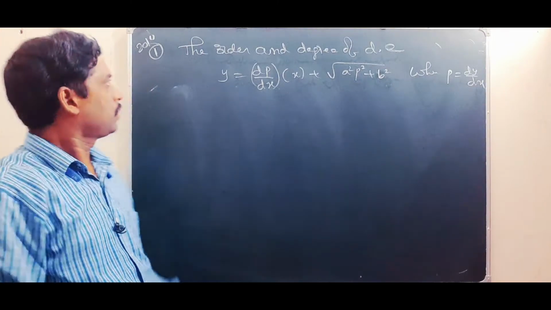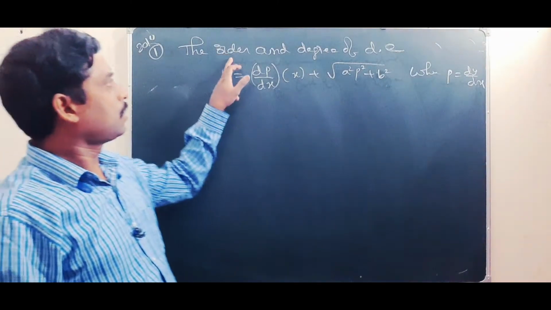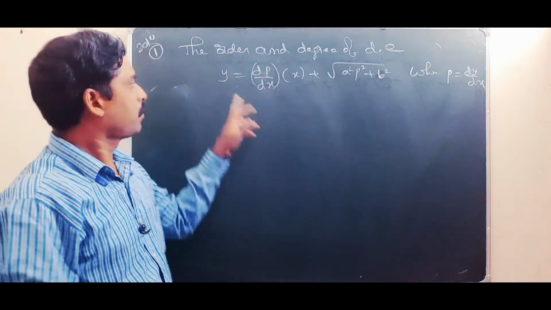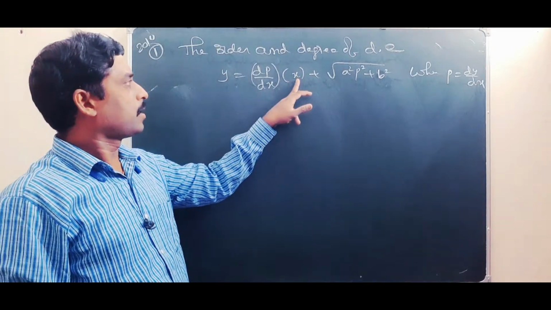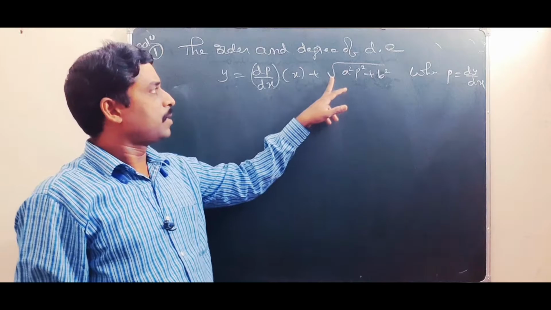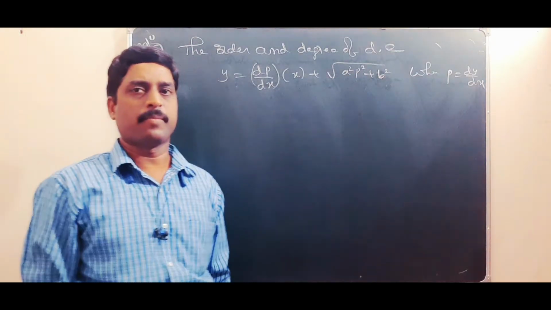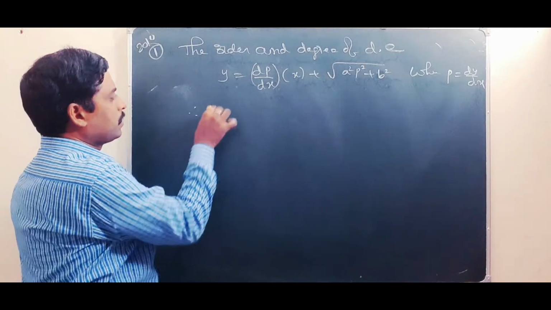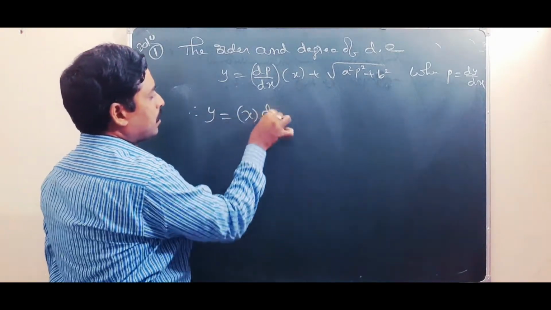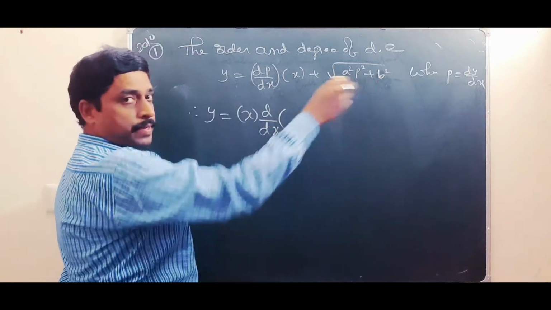Okay, moving to the next question. This is from 2010. The order and degree of the differential equation. What is given? y is equal to x·p + √(a²p² + b²), where p is dy/dx. Therefore y is equal to x times d/dx of, what is p?